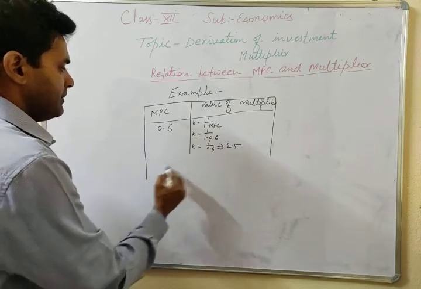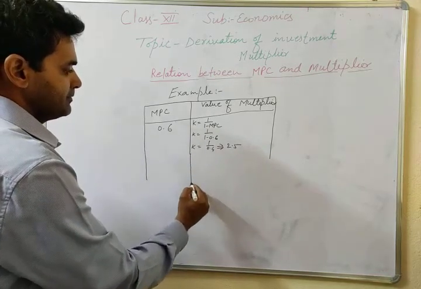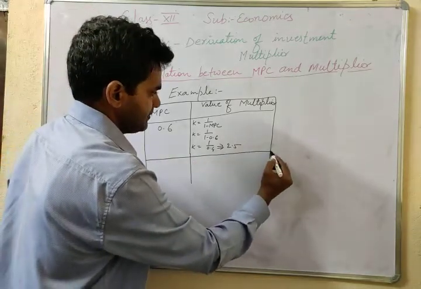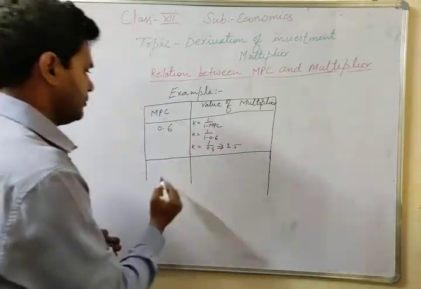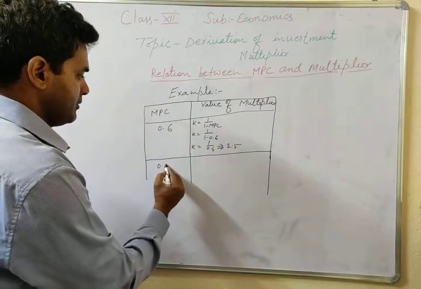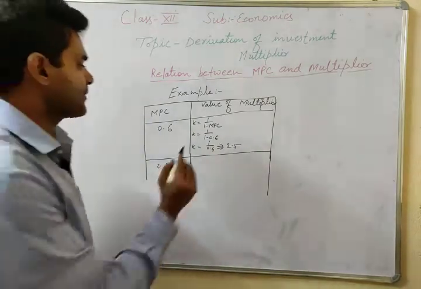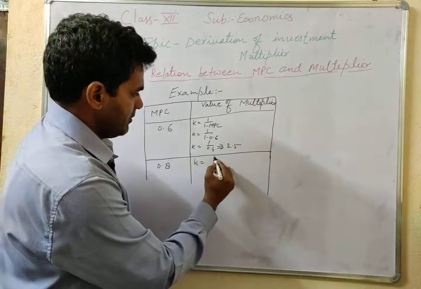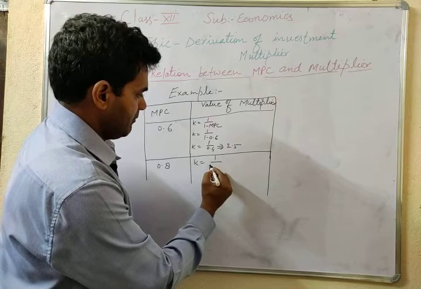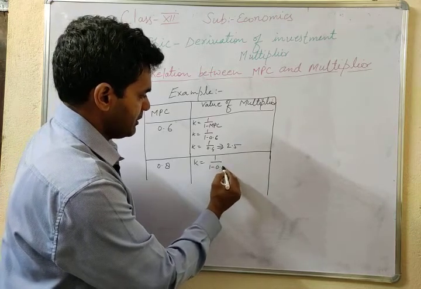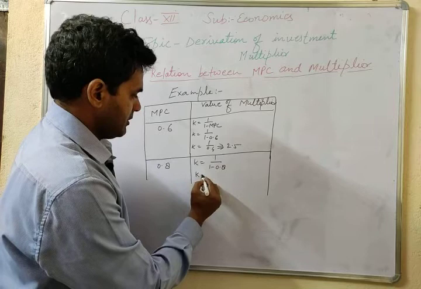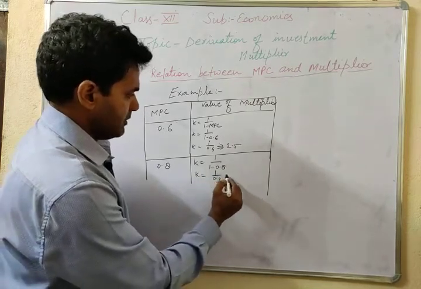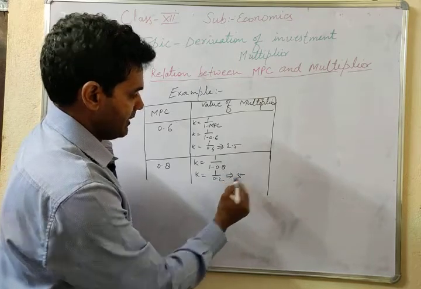Now suppose MPC increases and it becomes 0.8. See the consequences. So value of K will be 1 upon 1 minus 0.8, 1 upon 0.2, it becomes 5.